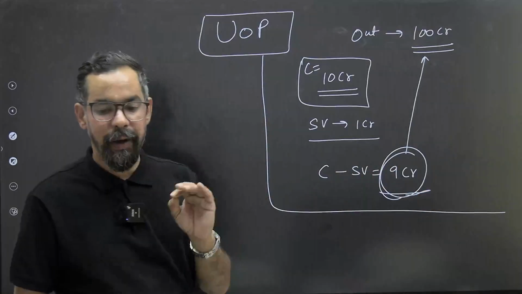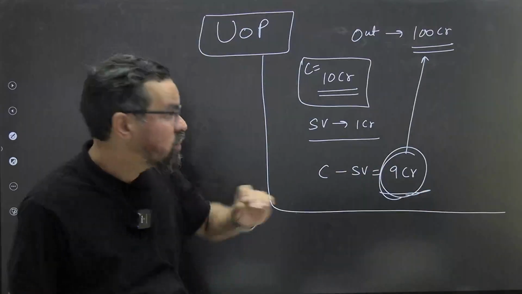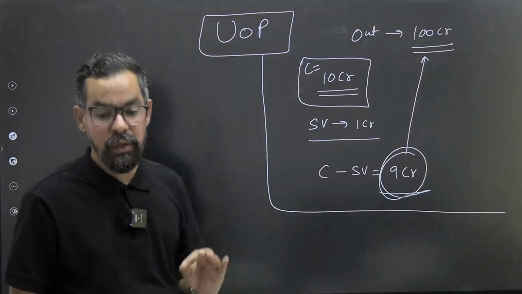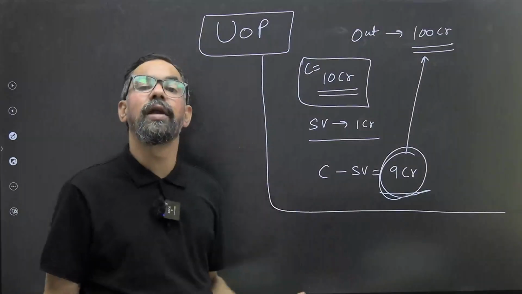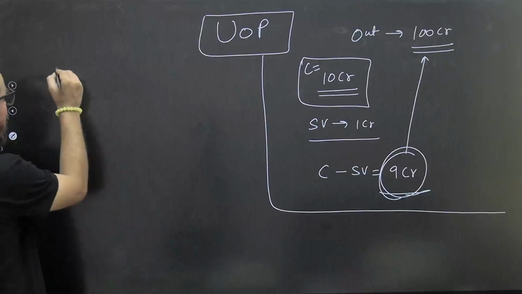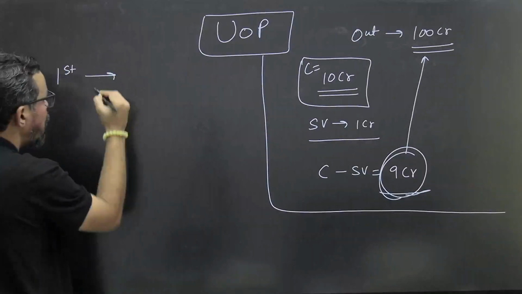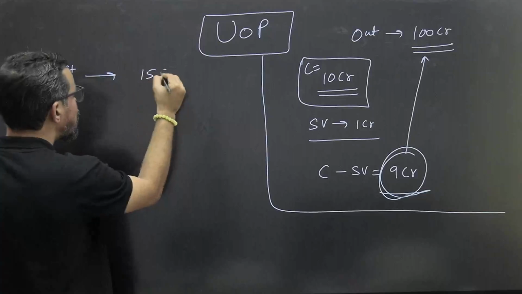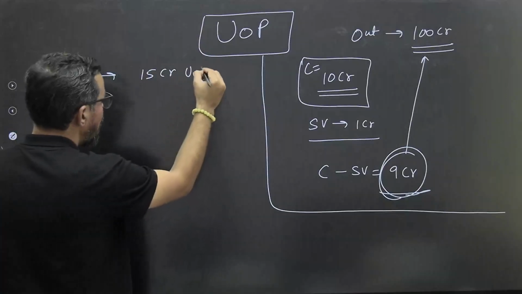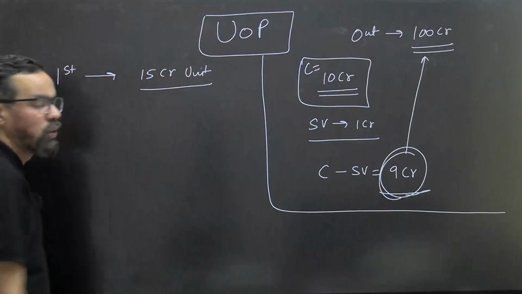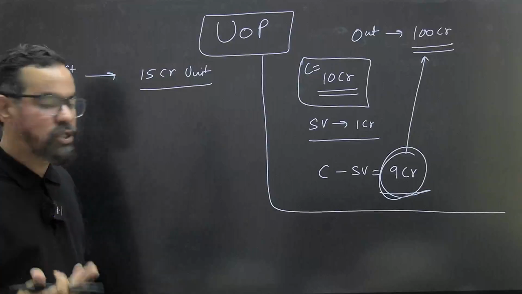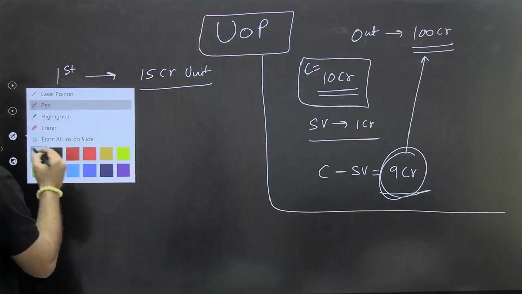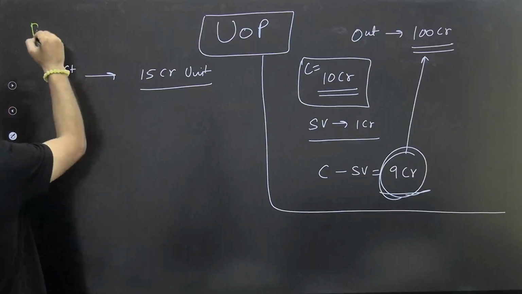So you have spent 9 crore rupees on an asset which will give you an estimated output of 100 crores. Now out of this 100 crore, let's say in the first year we produce 15 crores of units. Now how will you calculate depreciation using unit of production?